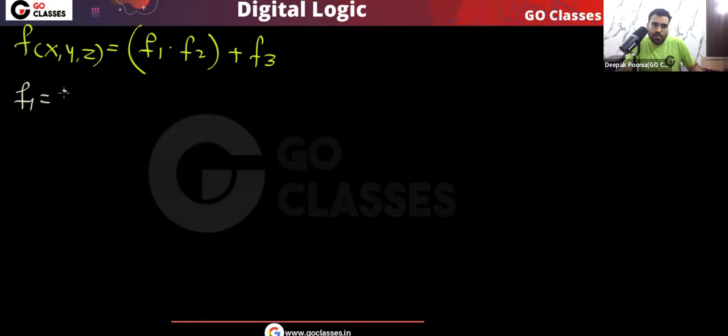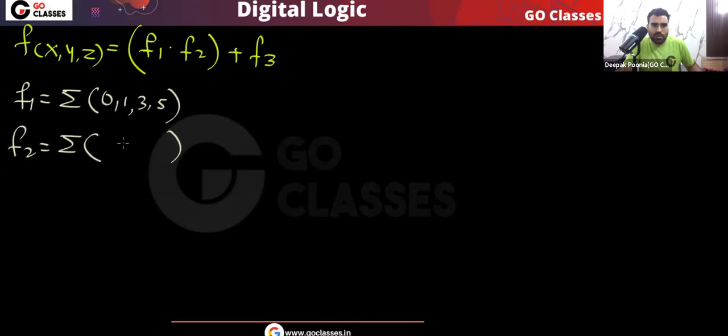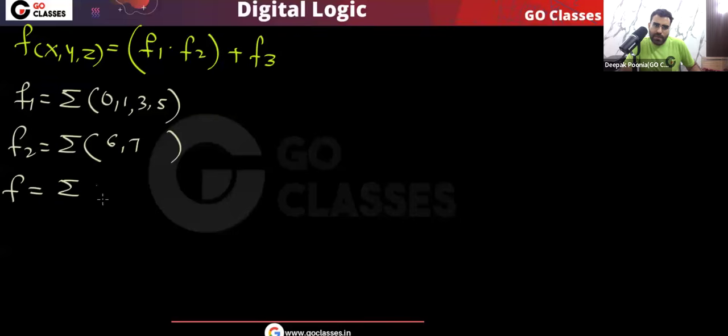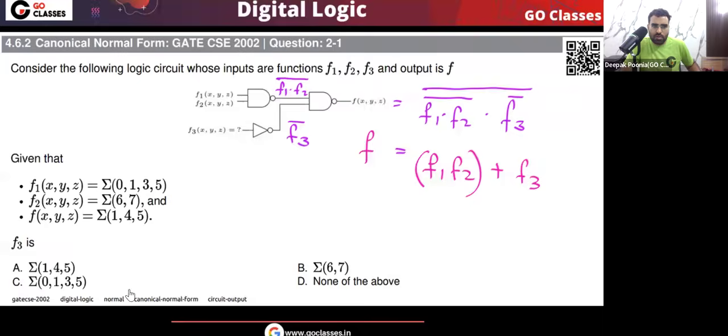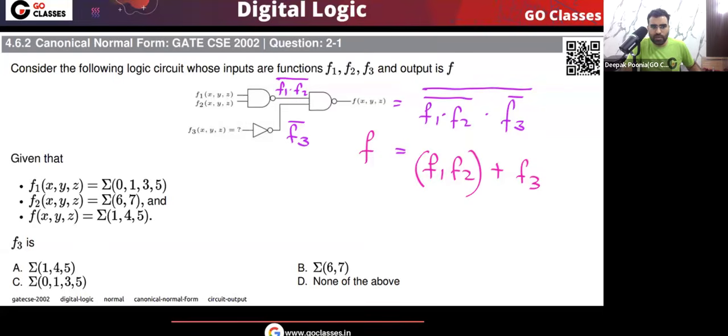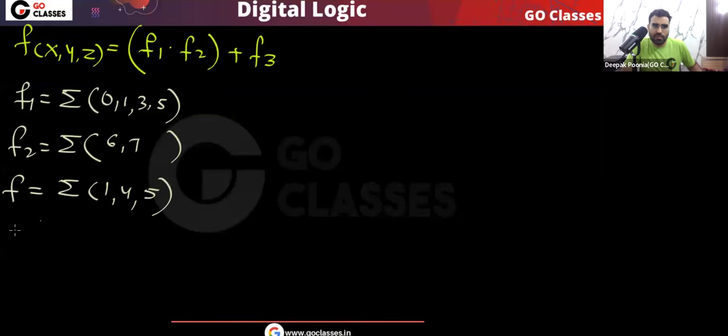F1 is a sum of minterms, the minterm list is 0, 1, 3, 5. For F2, the sum of minterms expression is given, the minterm list is 6, 7. And for f, not for f3, the minterm list is 1, 4, 5. Very simple. Now we need to find the minterm list of f3.